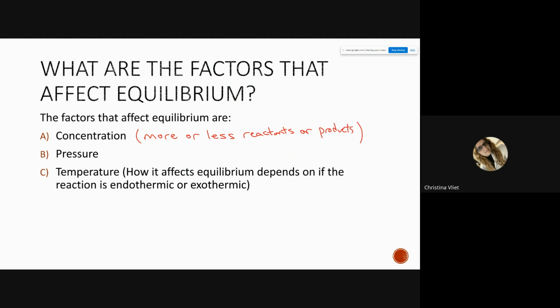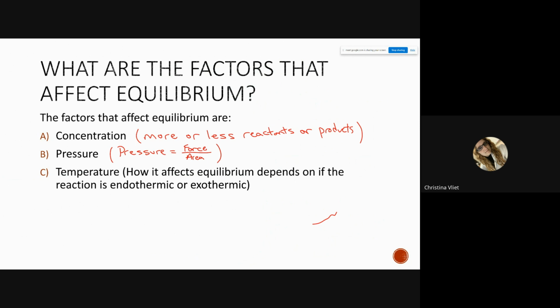So increasing pressure, remember pressure is defined as force divided by area. So if I increase the pressure, it means I'm increasing the amount of force, the amount of molecules hitting the wall of the container over a given area of space. So we can do that by changing certain things. So it can either be increased force or decreased area, right?